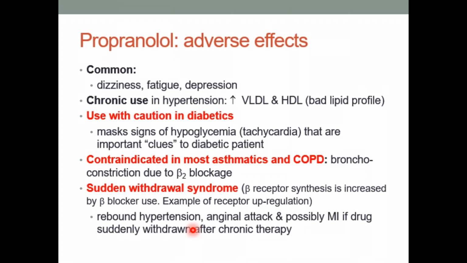Normally, with chronic use, we've been using the beta blocker for some time. That means more beta receptors are synthesized on the surface of the nerve. So when you suddenly stop the beta blockers, there are a lot of beta receptors available, and the noradrenaline will bind to them, and this can lead to rebound hypertension.